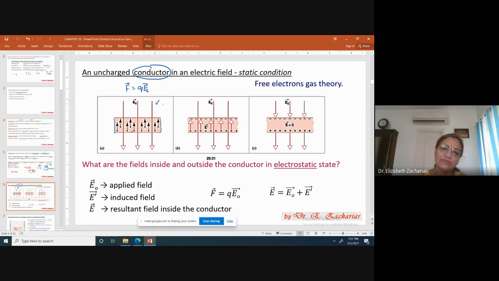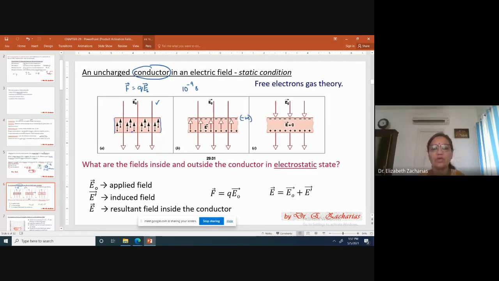The field in the picture is in the downward direction. Therefore, the free electrons will all start moving to the top. In a short time, around 10 to the power of minus 9 seconds, there will be an accumulation of negative charges at the top on one face of the material.